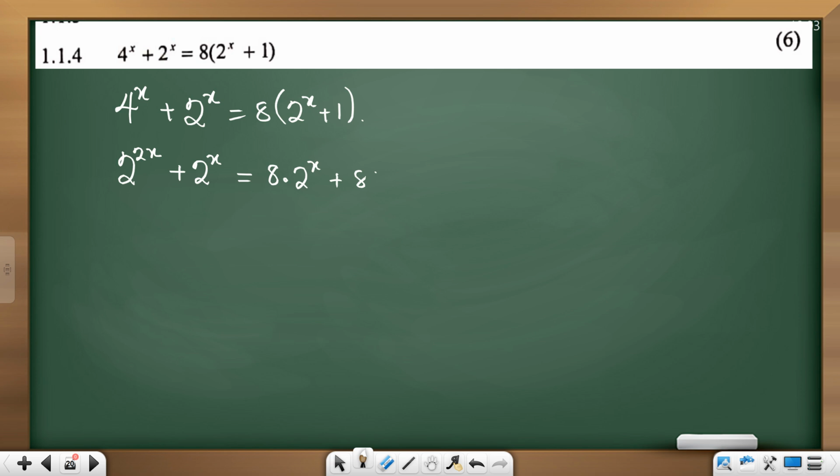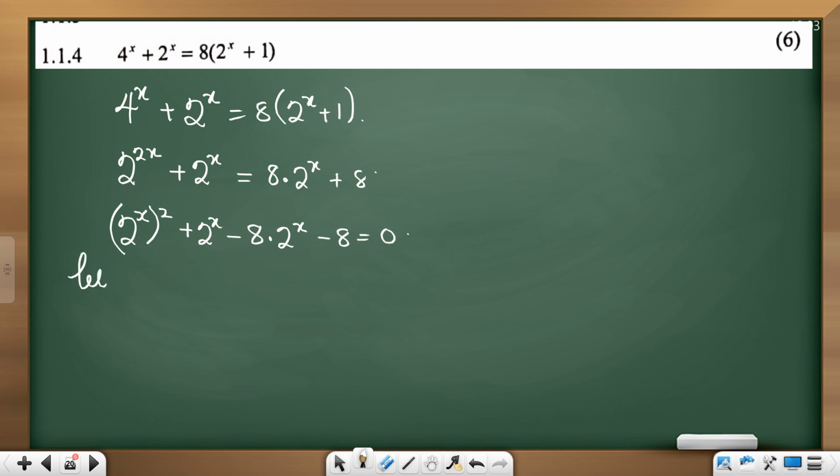Rewrite 2 to the power 2x like this, plus 2 to the power x. I'm going to move this other one over. Minus 8 equals 0.